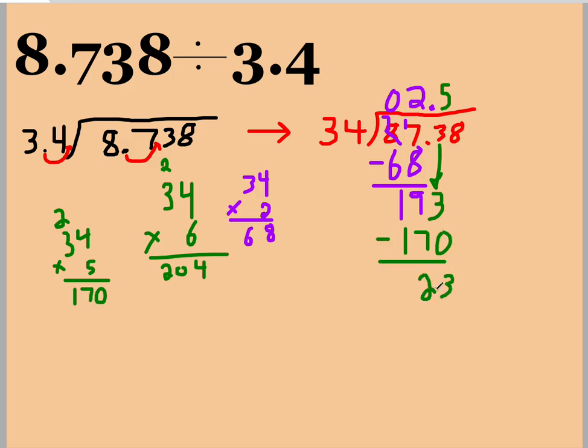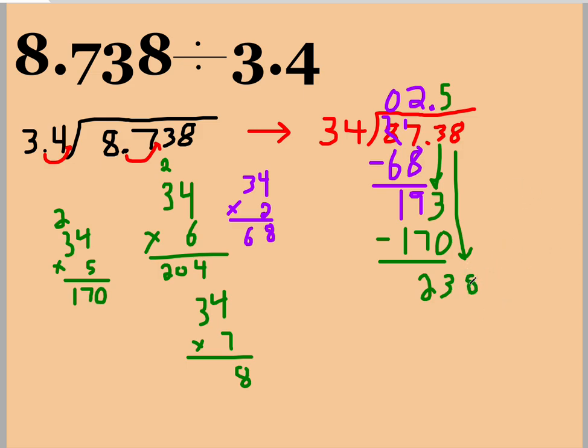3, 2, drop this down. 238. So we just saw that 6 multiples would be 204. So we might need more. Let's try 7. 34 times 7. 7 times 4 is 28. I'm sorry, I wrote this number wrong.